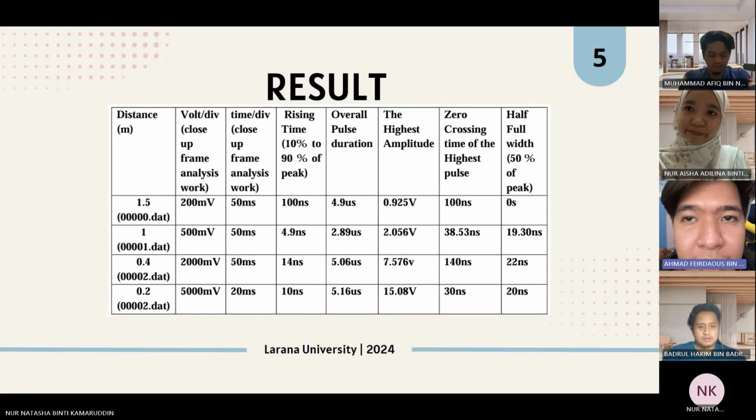So next one, Badrul will explain how to get the result from the data.